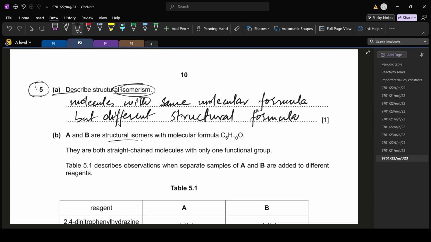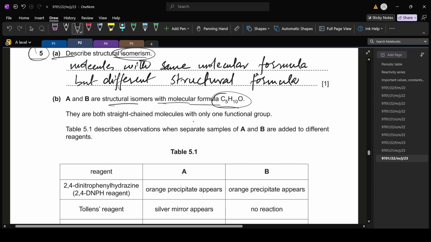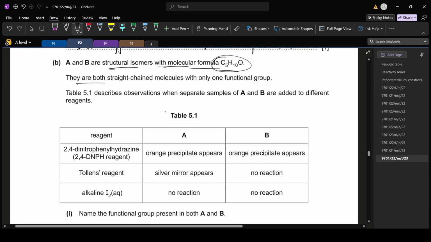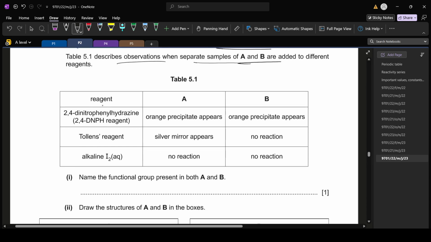A and B are structural isomers with molecular formula C5H10O. They are both straight chained molecules with only one functional group. Table 5.1 describes observations when separate samples of A and B are added to different reagents. When 2,4-DNPH is added, both A and B produce an orange precipitate, so the carbonyl group is present in both.